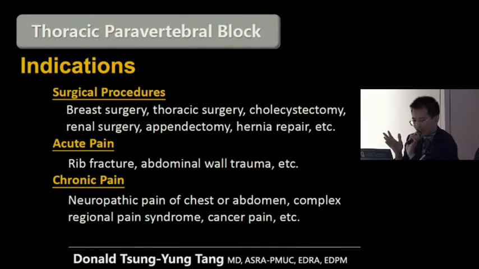The indications include surgical procedures like breast surgery, thoracic surgery, upper abdominal surgeries, appendectomy, and hernia repair. In acute pain, you can do it on patients with rib fracture or any abdominal wall trauma. In chronic pain, you can do it for neuropathic pain patients, like complex regional pain syndrome, herpes zoster, or PHN.